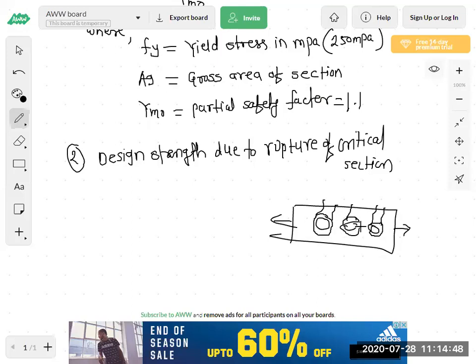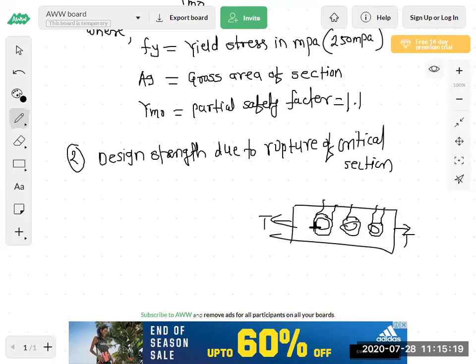So that is nothing but the rupture. One of the students asked me, sir, what is the difference between rupture and fracture? Rupture is nothing but what I have told you here. This bolt is punching into the plate. This is the bolt diameter. Due to this tensile force, the bolt will punch on this plate and the diameter of the bolt hole increases.